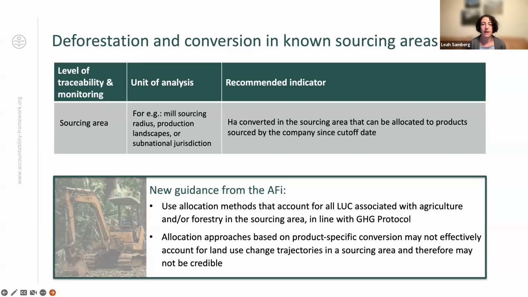And noting that allocation approaches based on project-specific conversion, so looking at land use change that's only specifically under one product of interest, might not effectively account for land use change trajectories in a sourcing area, and therefore may not be credible without additional monitoring or assurance.